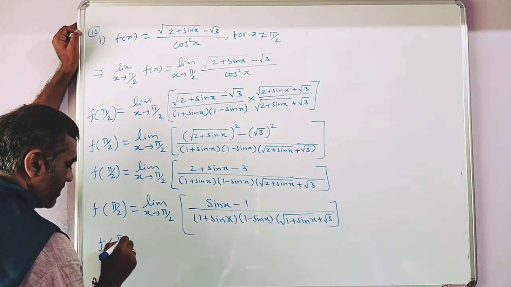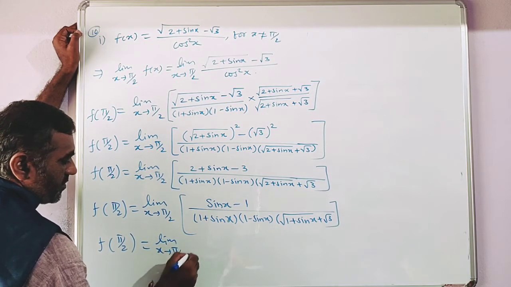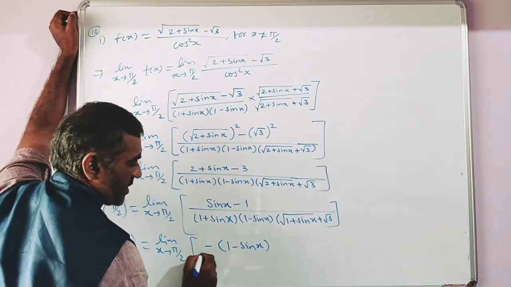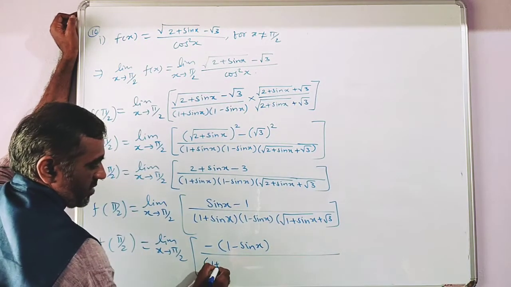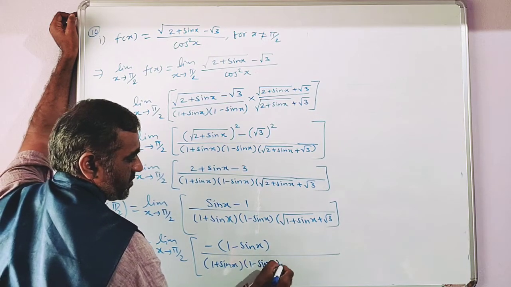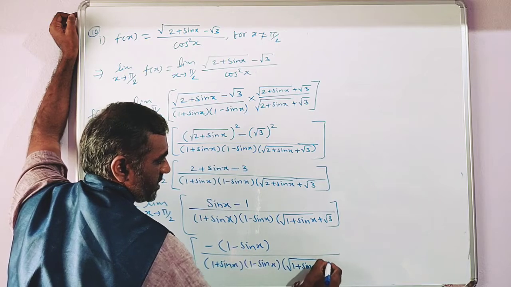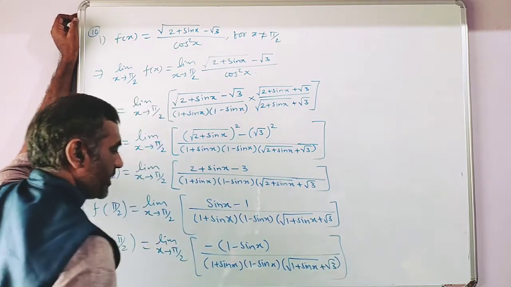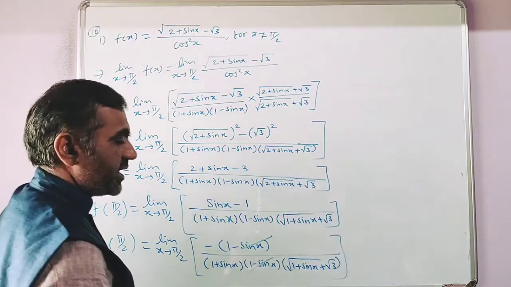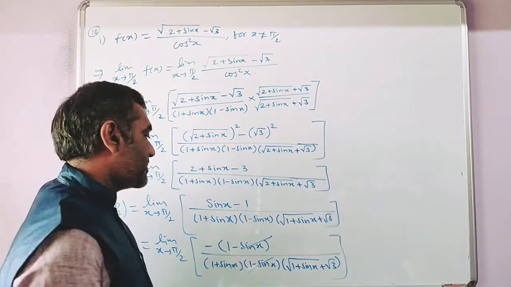Take minus 1 common: limit as x tends to pi by 2 minus in bracket 1 minus sin x whole divided by 1 plus sin x, 1 minus sin x, square root of 1 plus sin x plus root 3 bracket complete. 1 minus sin x and 1 minus sin x get cancelled because as x tends to pi by 2, sin x tends to 1, which means 1 minus 1 tends to 0, but 1 minus sin x is not equal to 0.